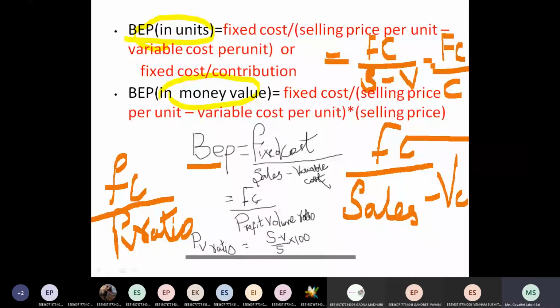Now please all of you note the first one, break even point in terms of number of units, and break even point in terms of rupees. Please note this and tell me if it is done. Are you all noting? Yes, ma'am.